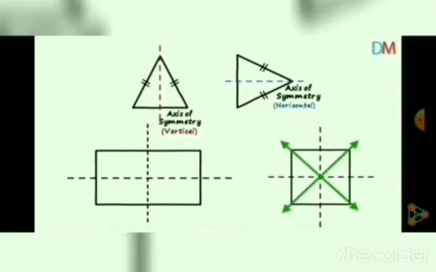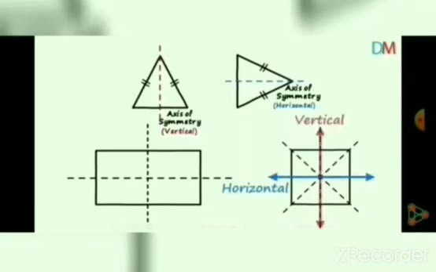But in a square the diagonals also are axes of symmetry. When we fold along one diagonal, it is an axis of symmetry, and the other diagonal is also an axis of symmetry. So in a square, the horizontal, vertical and diagonal lines all form axes of symmetry.